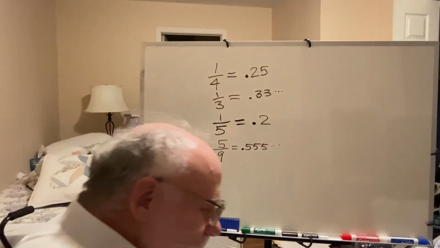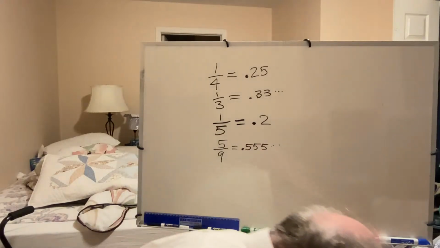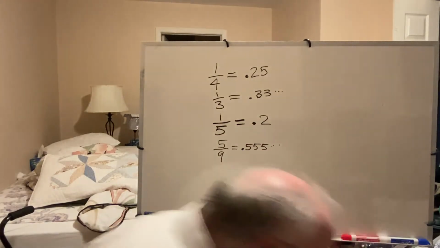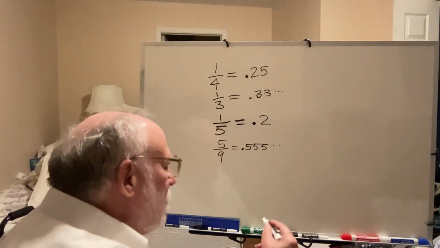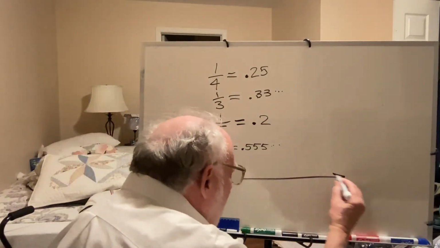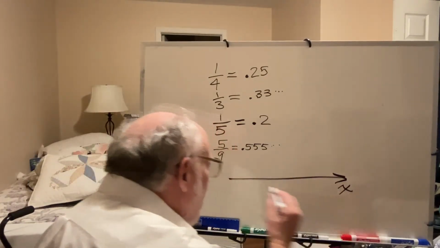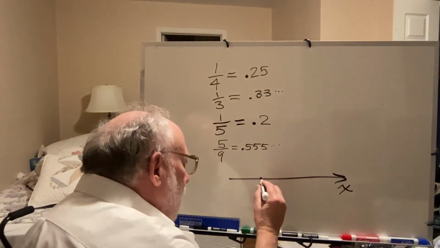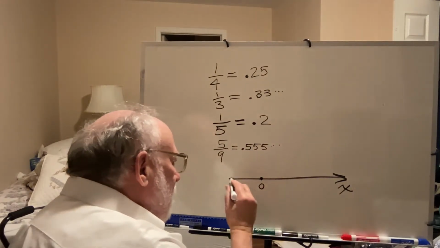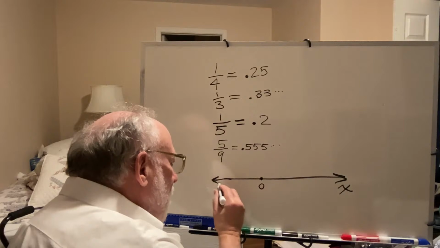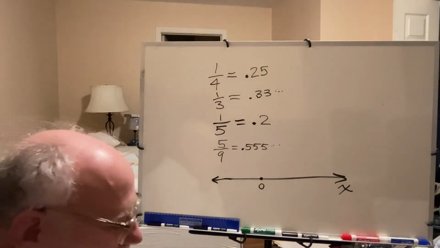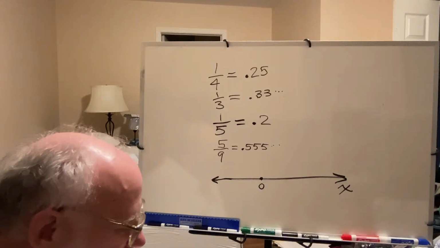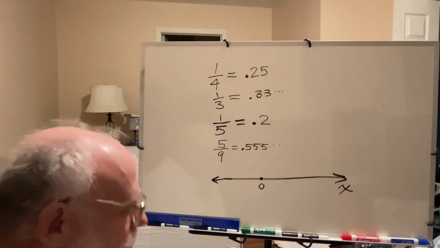The answer is to understand that the numbers being discussed are on the real line, which is your x-axis, and every point on the real line should have a decimal expansion according to tradition.